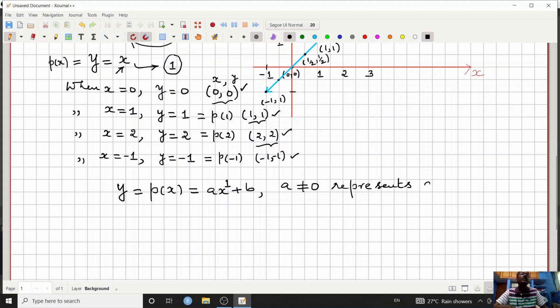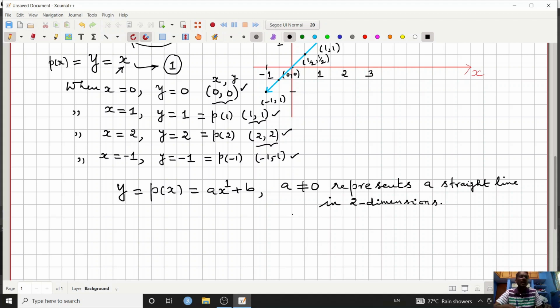It represents a straight line in 2 dimensions. Why am I saying 2 dimensions? That is important because we are drawing the equation of the line on a graph sheet in 2 dimensions. So I am including the dimensions also. It is better to say it along with the dimensions.